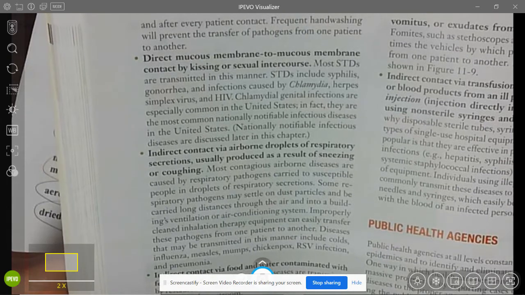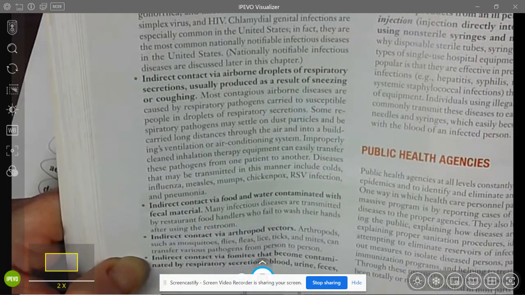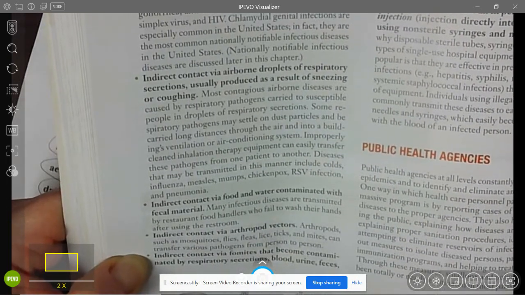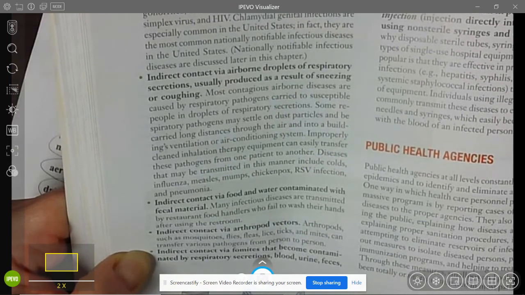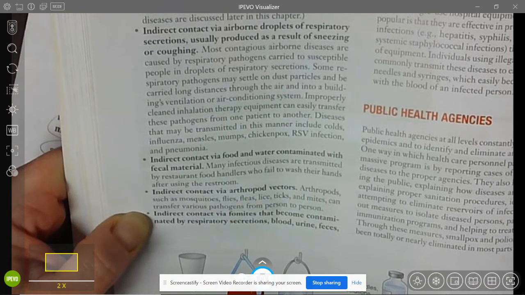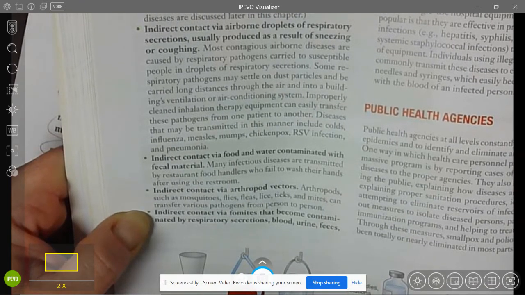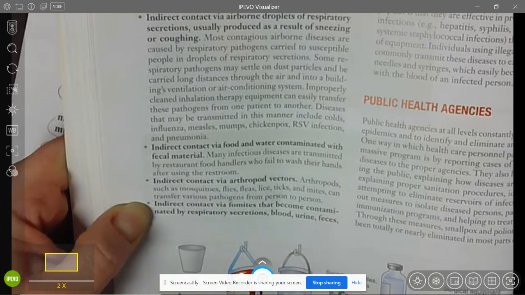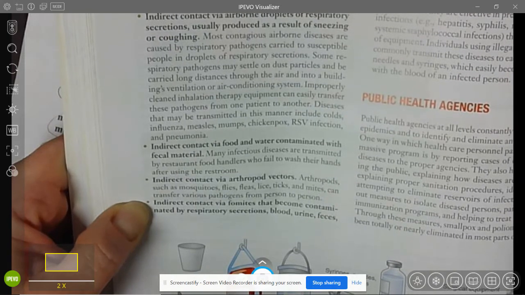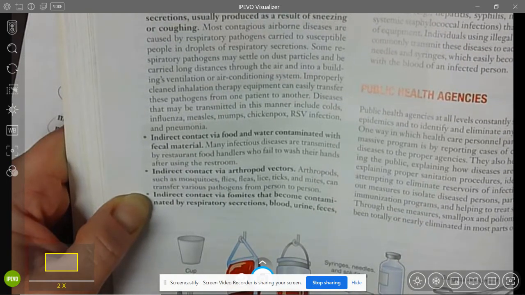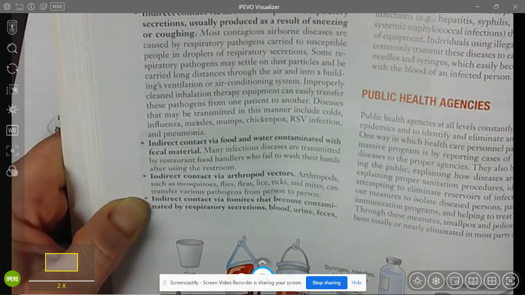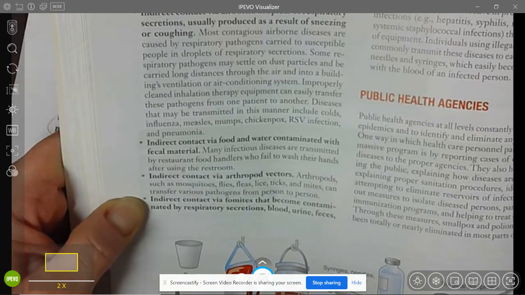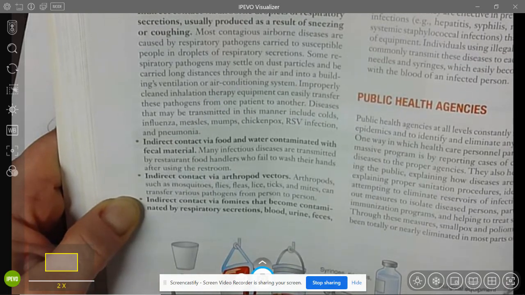Then what you're seeing is they go into indirect contact. So they have indirect contact via airborne droplets of secretions. They have indirect contact via food and water contaminated with fecal material, indirect contact via arthropod vectors, indirect contact via fomites that become contaminated by all these different types of things that they can be contaminated with.